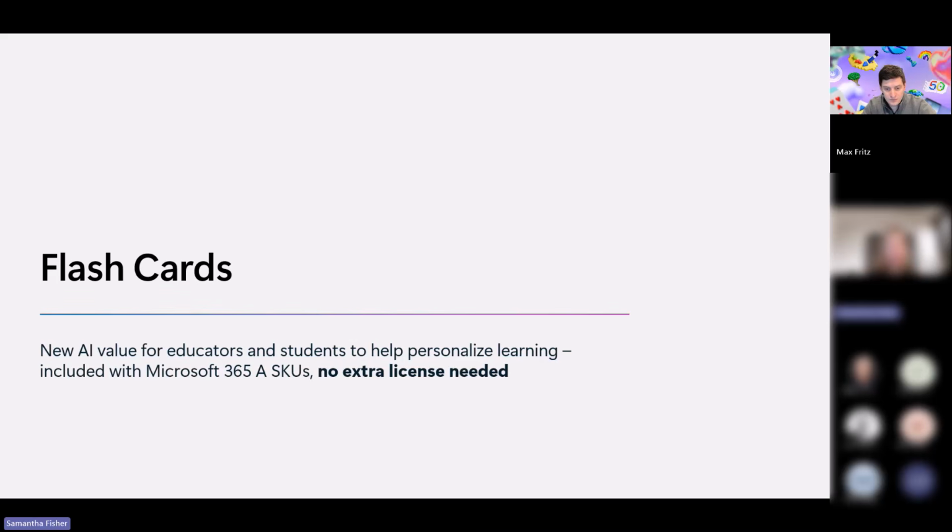Learning activities are our new tools that allow educators and students 13 and up to create flashcards, fill in the blanks, matching, all sorts of engaging practice activities that take existing learning content and transform it into a more engaging way to engage with that content. I'm going to post a paragraph in the chat all about butterflies, because we're going to need some input content to create our flashcards.